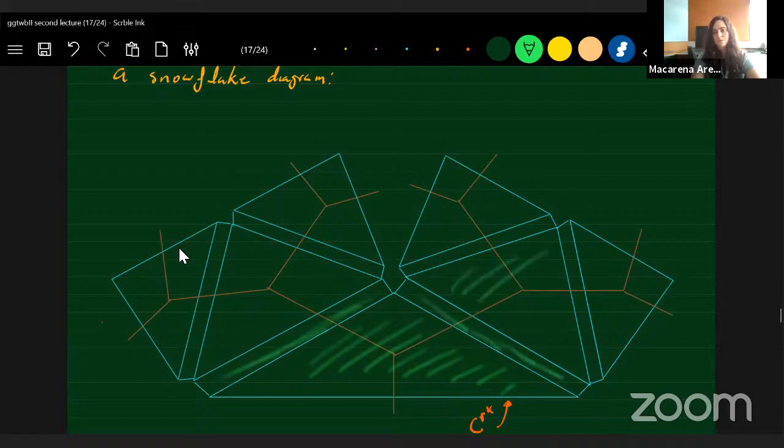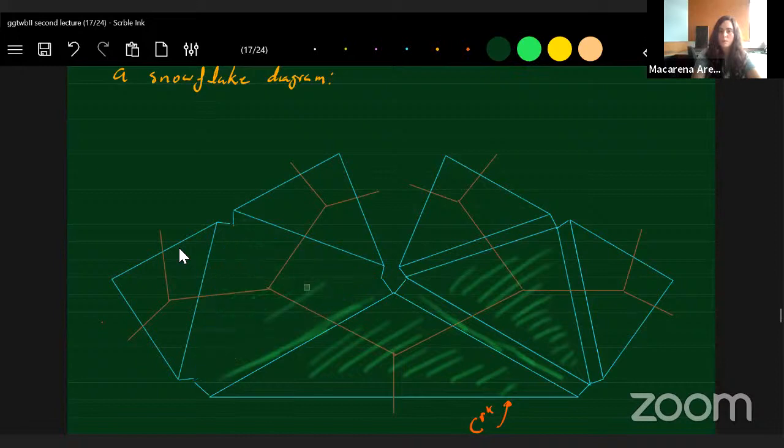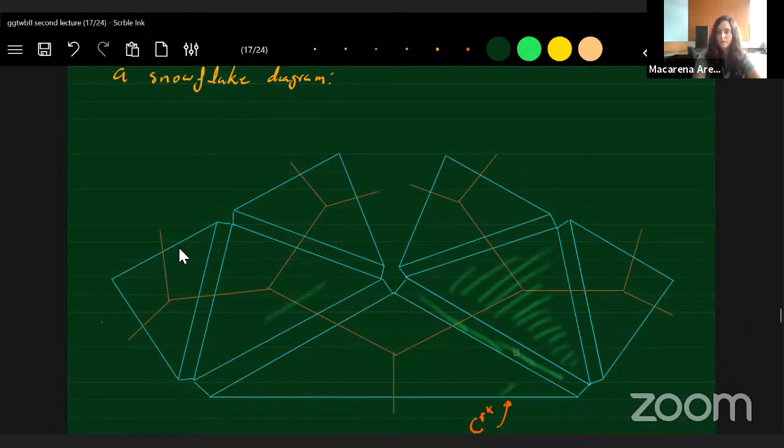And then again, they have portions that lie in the lifts of the torus to the universal cover, so in planes, and so on. So the triangles correspond to sub-diagrams that are inside of planes, and the strips correspond to sub-diagrams that are inside of cylinders.